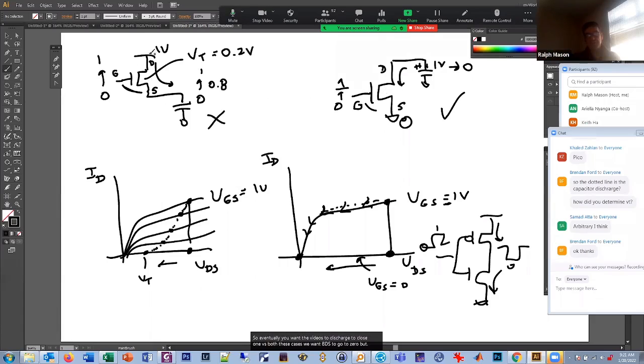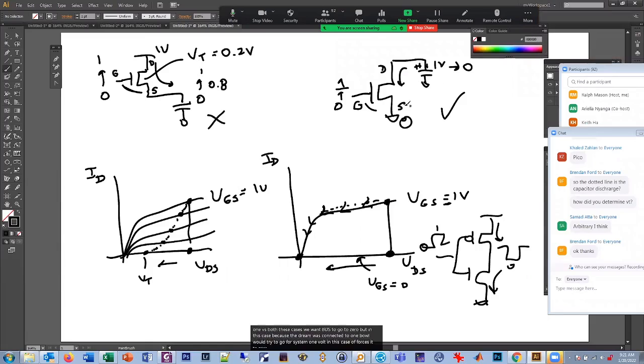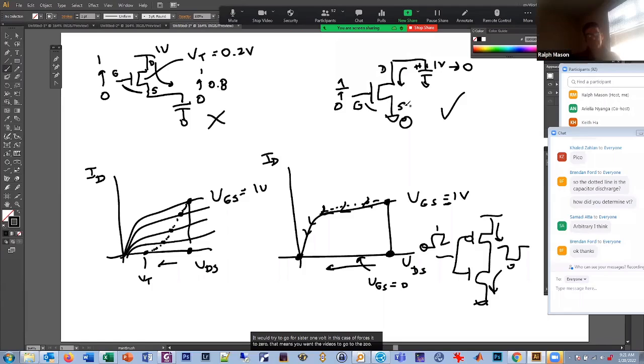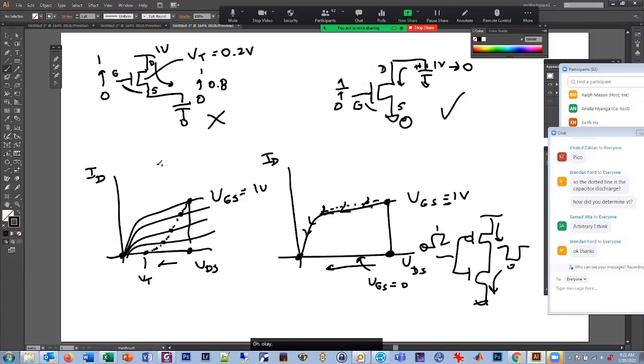But in this case, because the drain was connected to 1 volt, it would try to force us to 1 volt. In this case, it forces it to 0. So that means you want the VDS to go to the triode region, right? Well, no, we want it to go to cutoff. We want it to go right down there. That's called cutoff. Anything along this x-axis is really called cutoff. Okay, just want to clarify. Thank you.